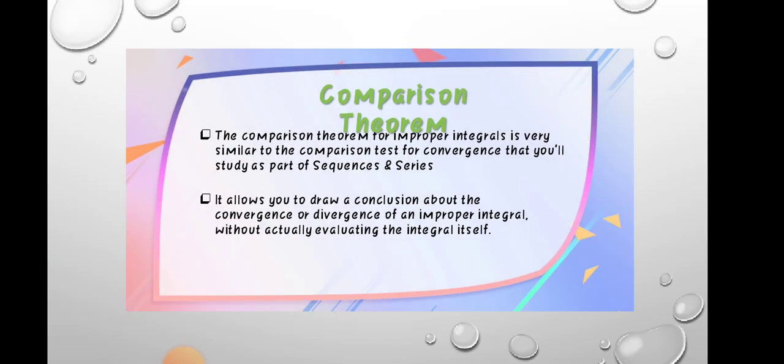So the comparison theorem for improper integrals is very similar to the comparison test for convergence that you'll study as part of sequences and series. It allows you to draw a conclusion about the convergence or divergence of an improper integral without actually evaluating the integral itself.